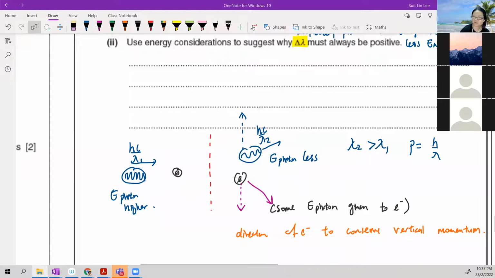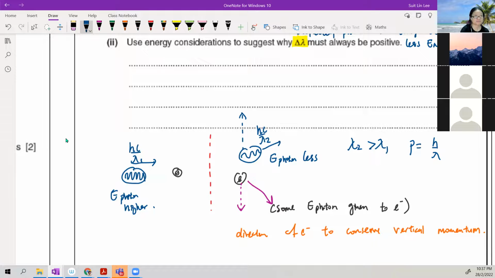Okay, we're just going to throw all of these together into your 3-mark explanation. Starting with the electron, because we have to rewind and explain why the energy of the photon is less.